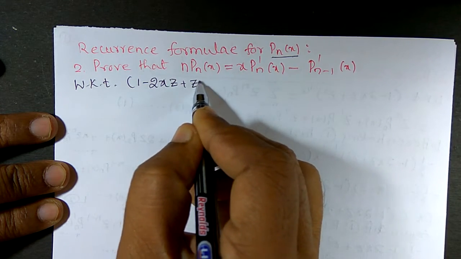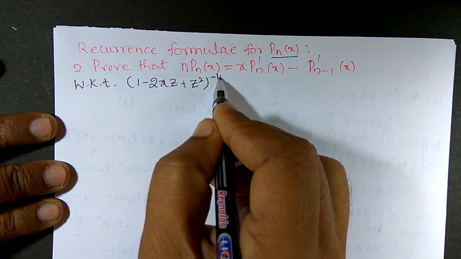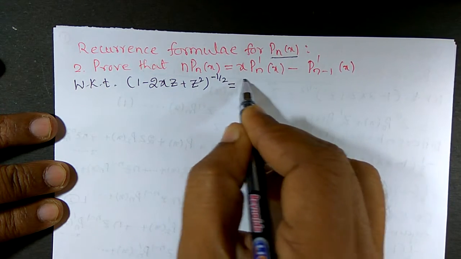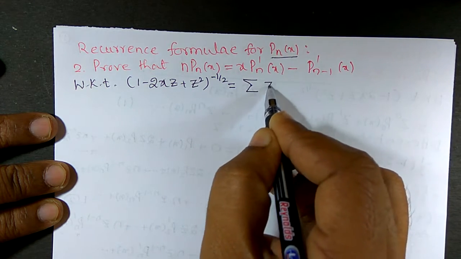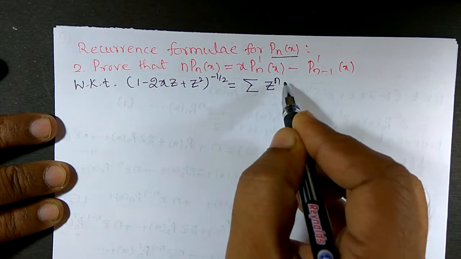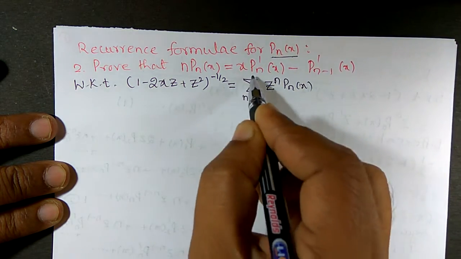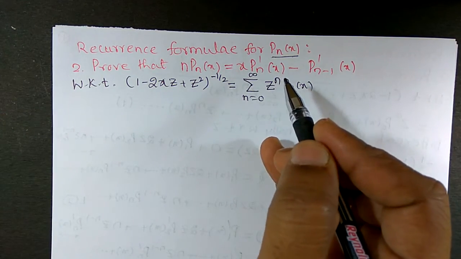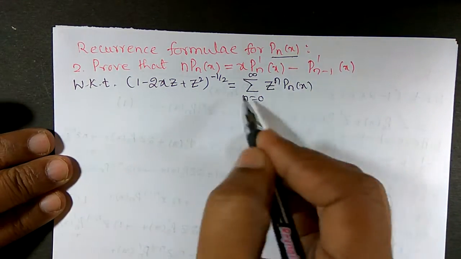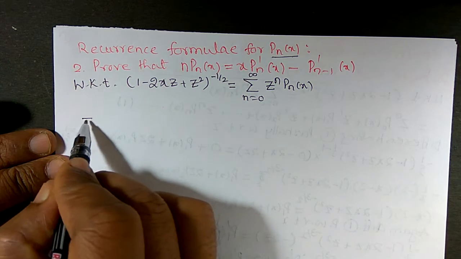(1 minus 2xz plus z squared) raised to minus 1 by 2 is equal to summation of z to the power n into P_n(x), where n varies from 0 to infinity. First I will expand the right hand side summation.